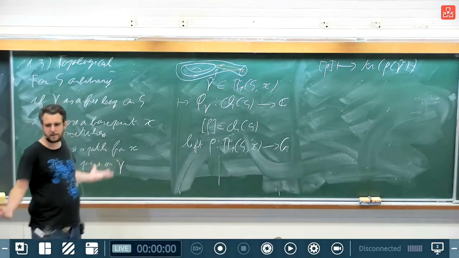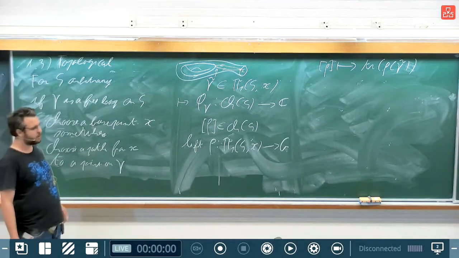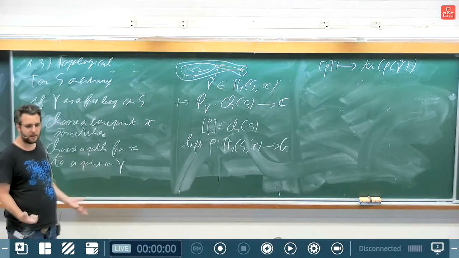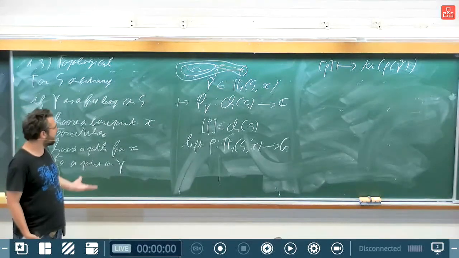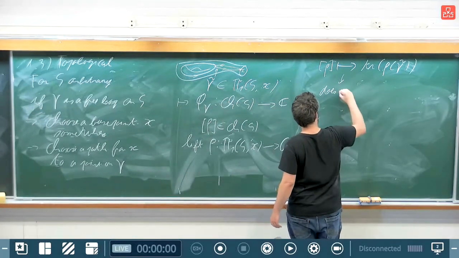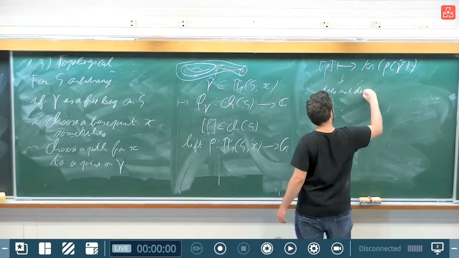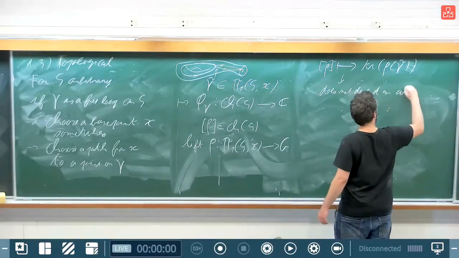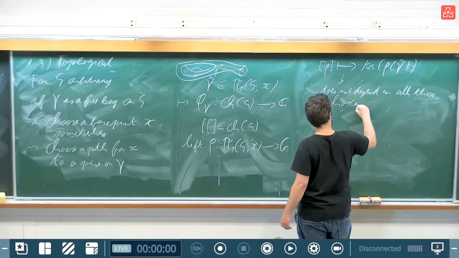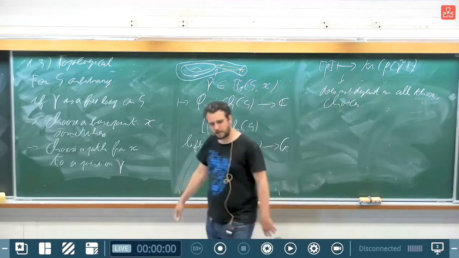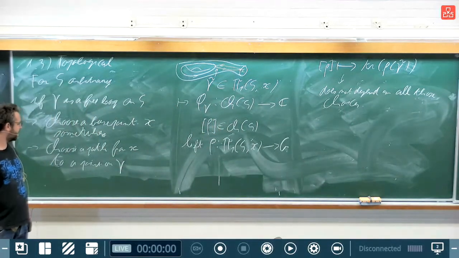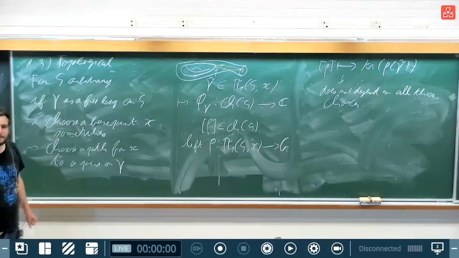So if you have a loop, you can just apply this representation to the loop, take the trace, and because the trace is invariant by conjugation, this is indeed independent of all those choices. So again, the fact that traces are invariant by conjugation is kind of the bread and butter of everything I'm doing. Okay.